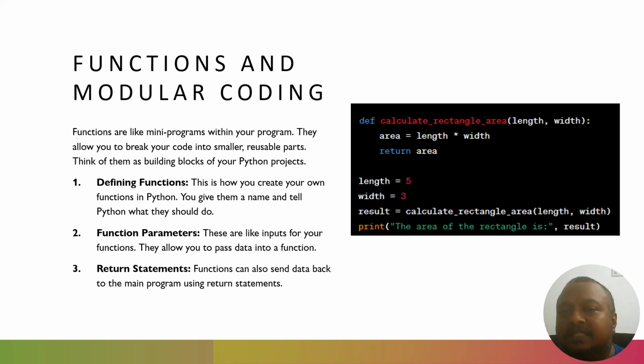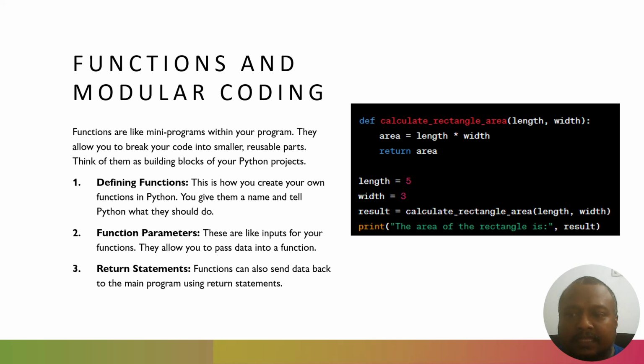So you can see the defining part of the function, which starts from the keyword def. Then we give a name to our function called calculate rectangle area. And within the brackets, it takes two function arguments.